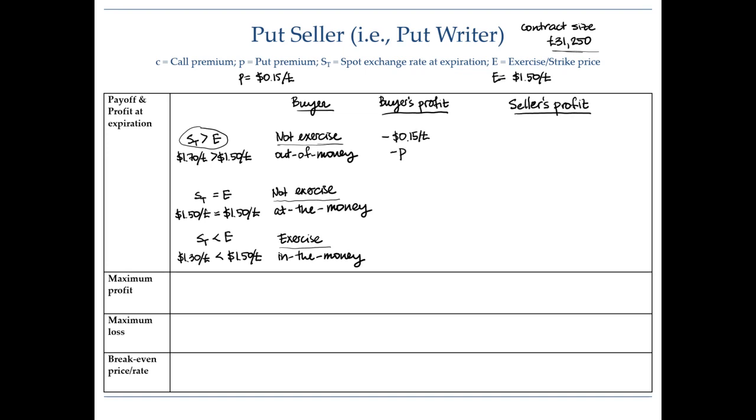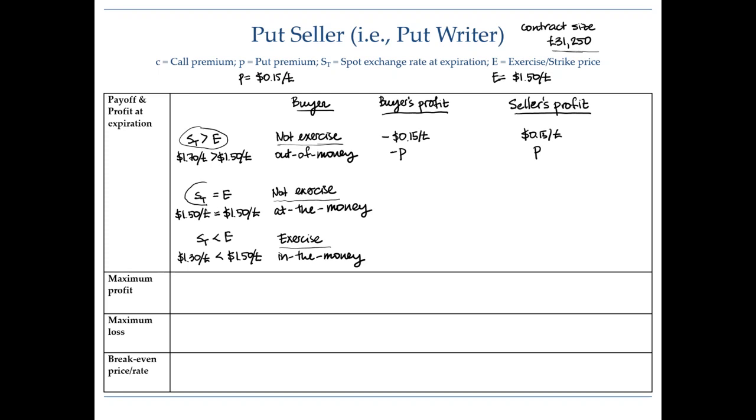On the other hand, the seller will just keep the premium. The put option buyer will not exercise the contract, so the seller does not have to do anything and just keeps the premium of 15 cents. So the profit is simply the premium. If I were to use a generic notation, it's simply P.